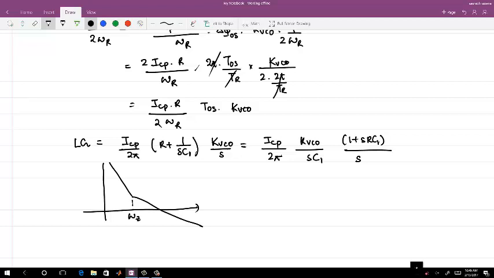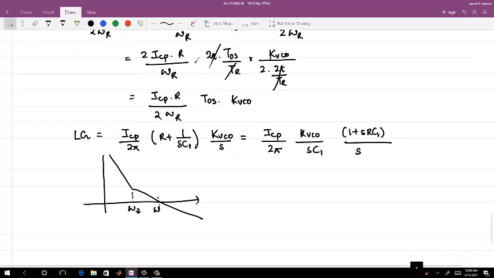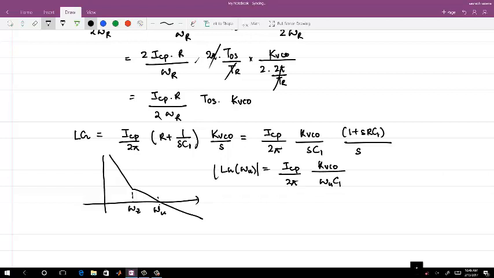So at frequencies much higher than omega z, now this is an assumption here, how high it all depends. We are considering that omega u is much higher than omega z. Okay, that means loop gain evaluated at omega u is equal to ICP by 2 pi KVCO over omega u C1 times R C1. Let's just assume this so that you do not get into the j factor.